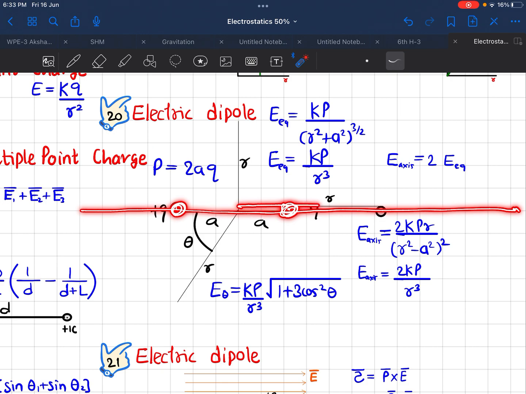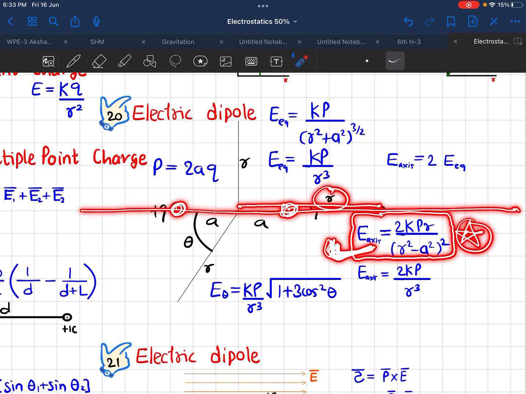Electric field intensity of a dipole at a distance r along the axis is E = 2kpr/(r² - a²)². And if r is much greater than a, and we neglect a, then the equation becomes 2kp/r³.